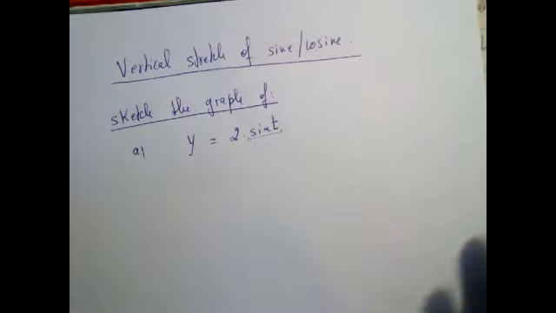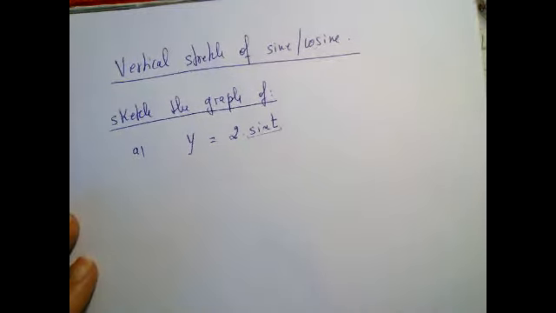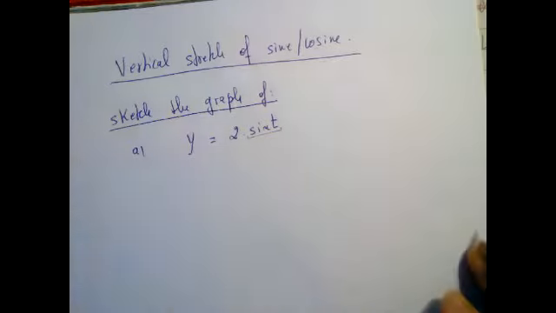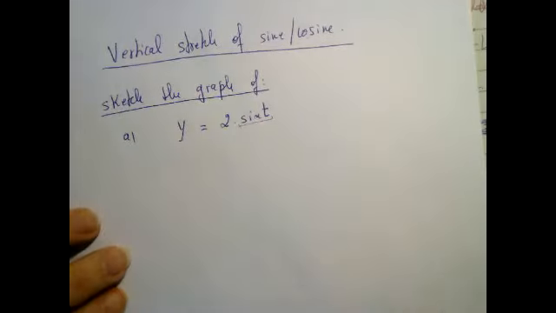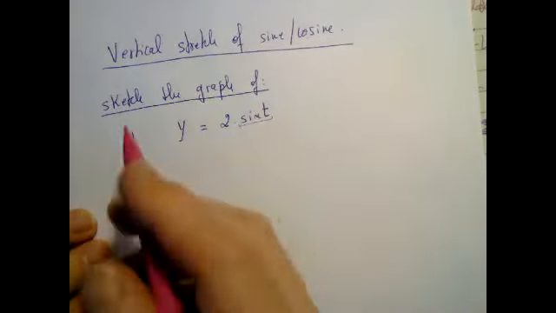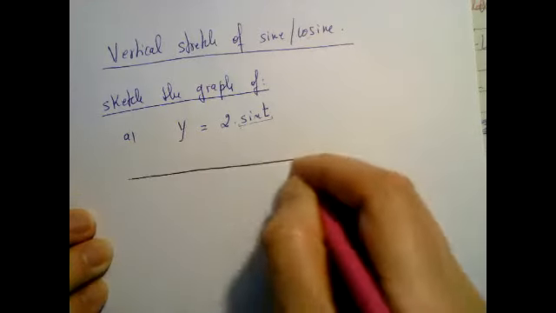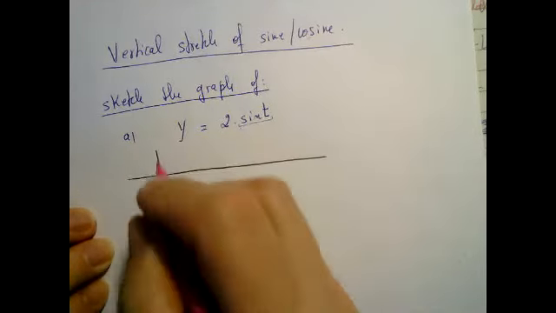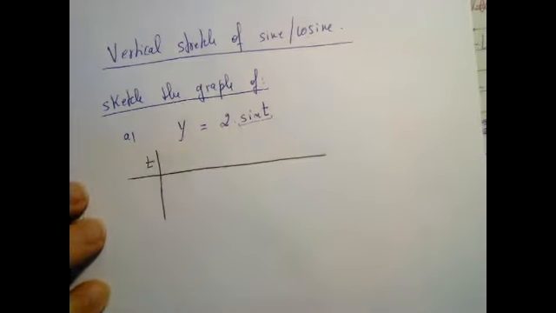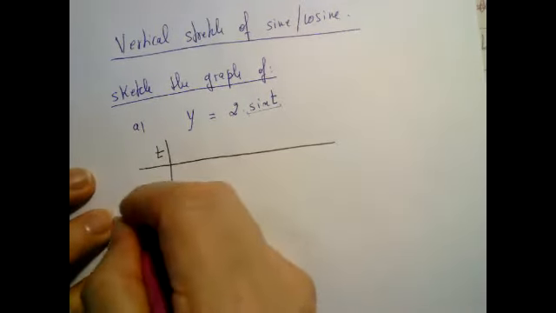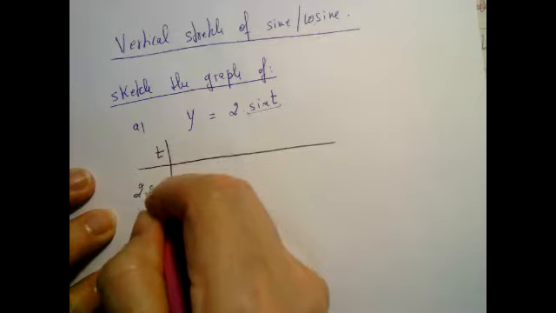Now we want to know what the graph of 2 sine t is. All right, how are we going to sketch the graph of this function? What does 2 really do to us? Anybody? So we have to draw a point. That's t. And this is 2 sine t.